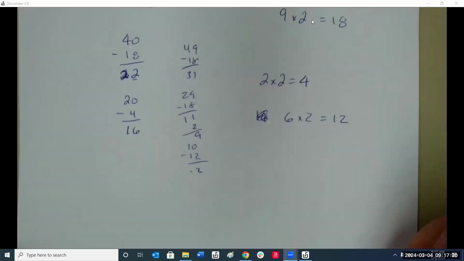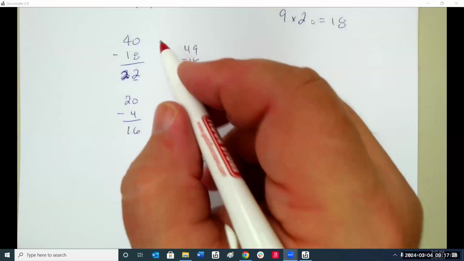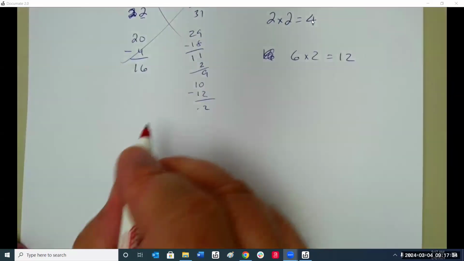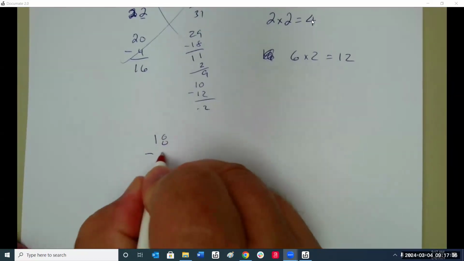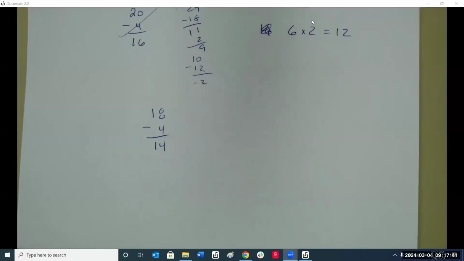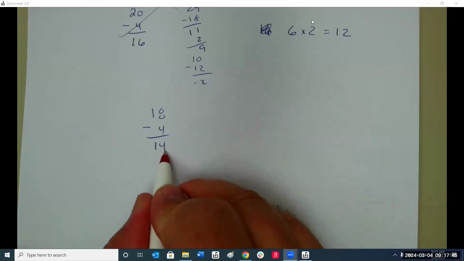Would it be 18 minus 4 to start it off? And then divide it by 7? Yes, I did. I read it wrong. You're right. So it's 18 minus 4 is 14. Let's try this one now.